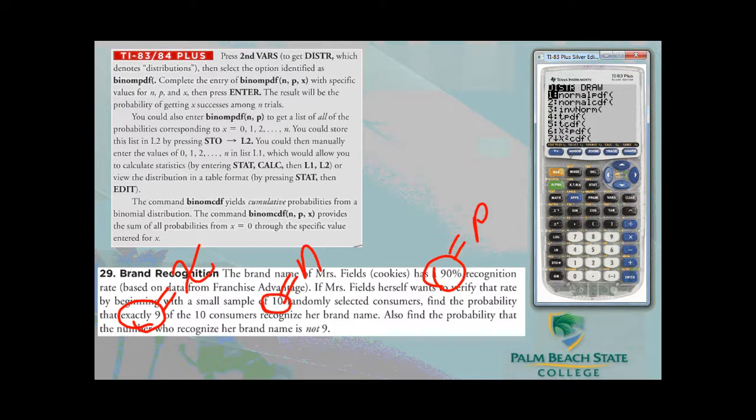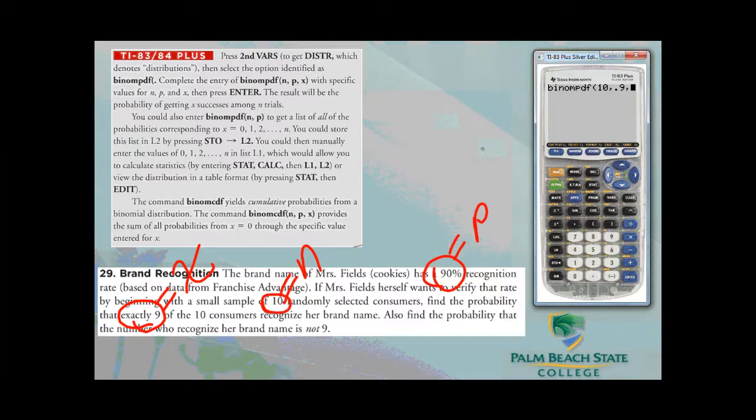And we're going to look for binompdf. So we're going to scroll down with the arrow until we see binompdf. Here's binompdf right here. We press enter. So binompdf says we need to put in n, p, and x. Well, those are the three numbers that I just found. n is 10, p is 0.9.